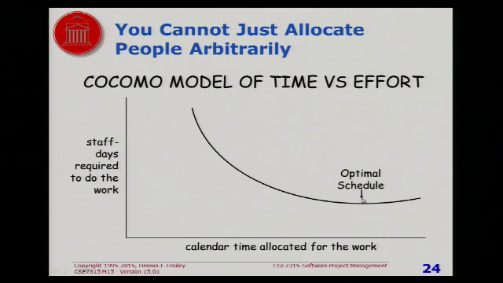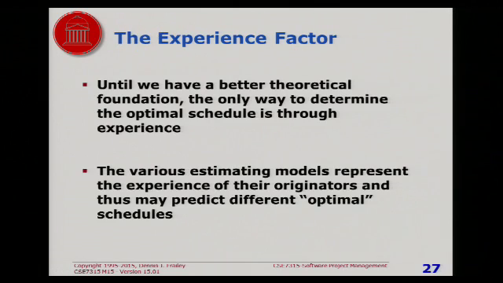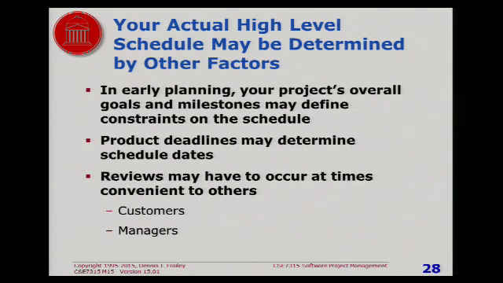Well, if you calculate the difference between this curve and this curve, you say, boss, it's going to cost an extra 12% in labor hours if we do it that quickly. But maybe that's a negotiation point you can make with the boss. But if the boss wants it done way over here, you say, boss, there's no way, that's going to be 4 times as expensive, and that's outside of our budget. Or maybe it isn't. So you have to realize that you have some flexibility in your schedule.